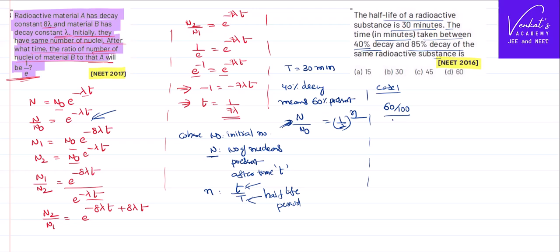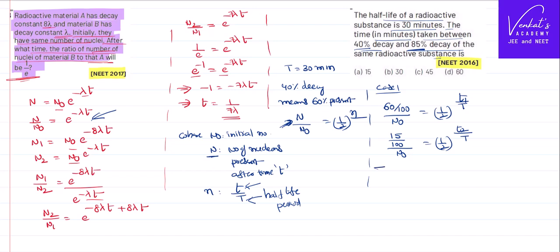So N by N0 equals 1 by 2 power of n, where n is small t by capital T. Let me call this small t as T1. In the second case, 85% got decayed, which means the remaining is only 15%. That is 15 by 100 of N0 equals 1 by 2 power of the corresponding n. It takes a different time for that to happen, but the half-life period is the same.